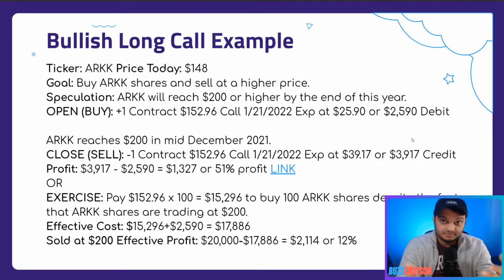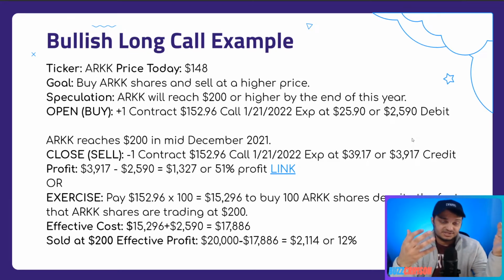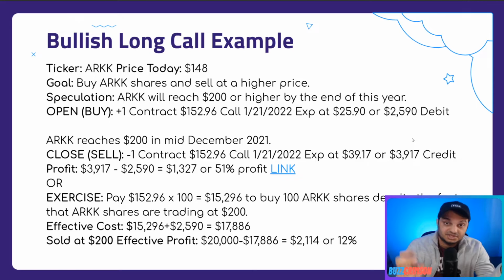So if my goal was to sell the shares at $200 after exercising, my profit would have been only $2,114. That's about 12% profit compared to how much capital I invested, which is about $1,886. So as you can see, there's a significant advantage in just trading the option as a security.